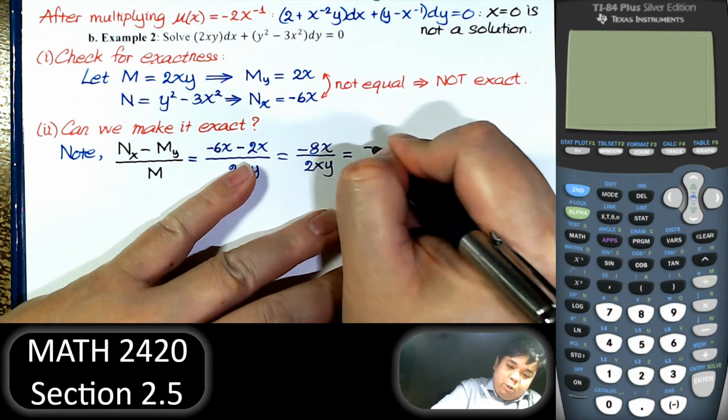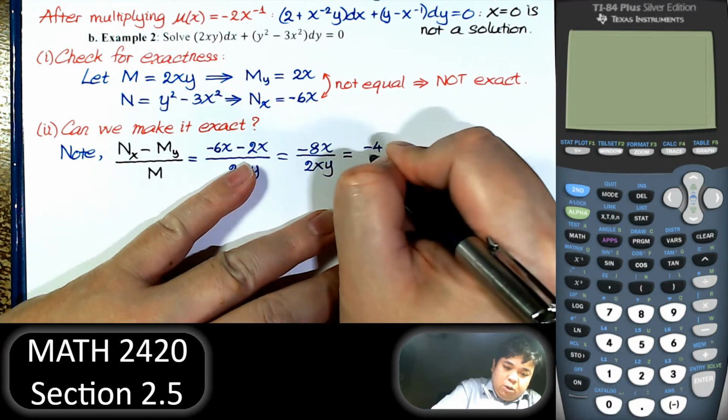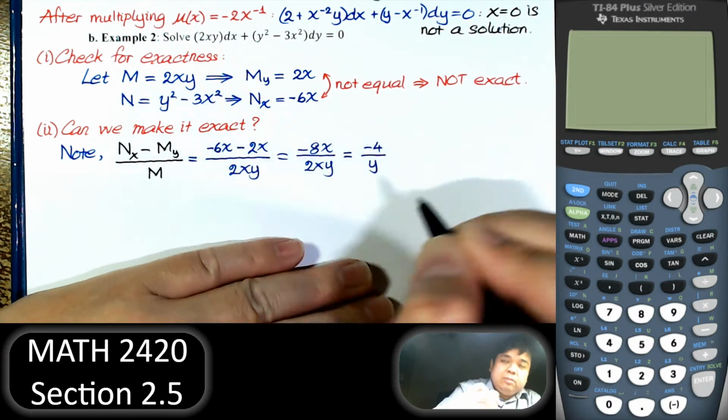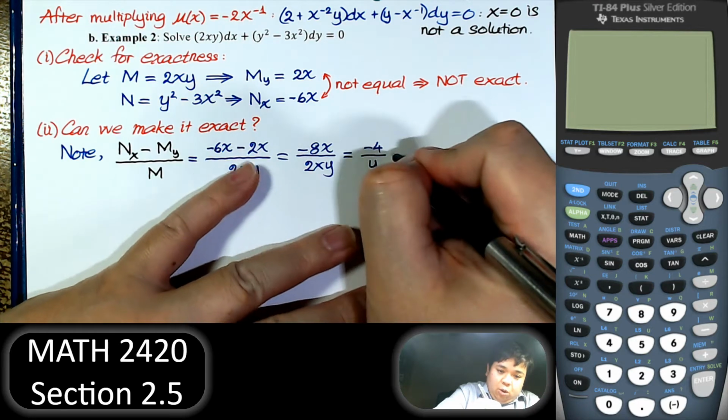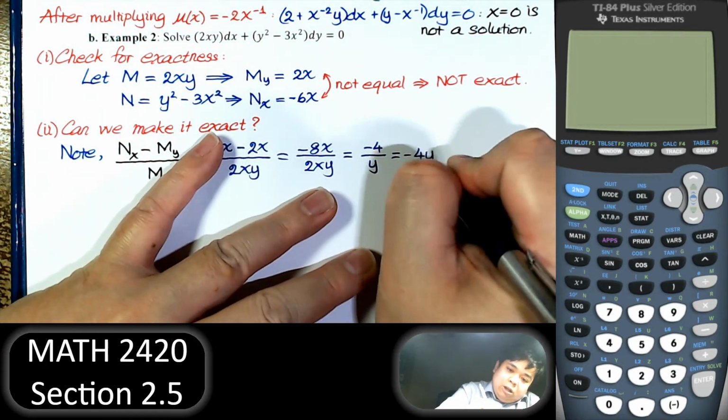So we have negative 4 over y, or negative 4 times y to the negative 1.